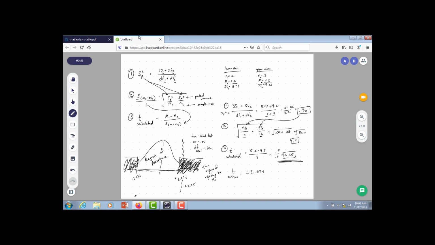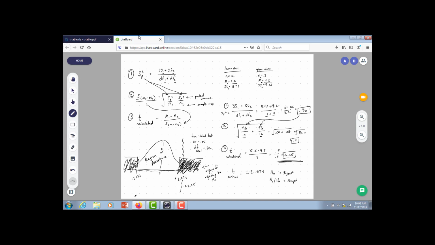Okay, so with that said, what will we do in terms of rejecting and accepting a null as it relates to this study? If you said reject the null, you are correct. If you said accept the research hypothesis, you are correct.